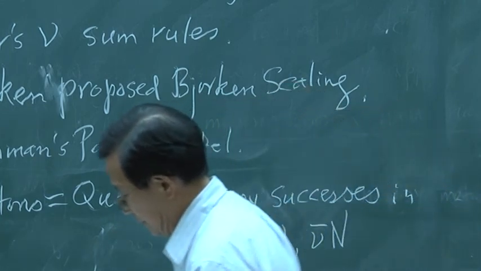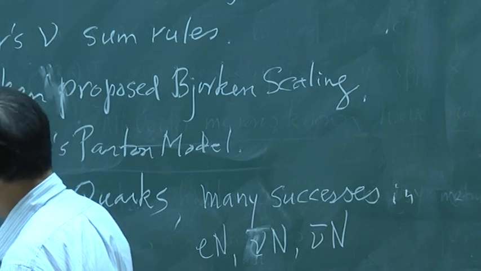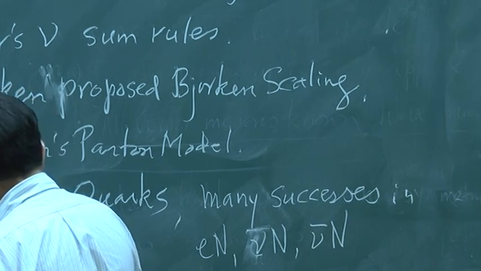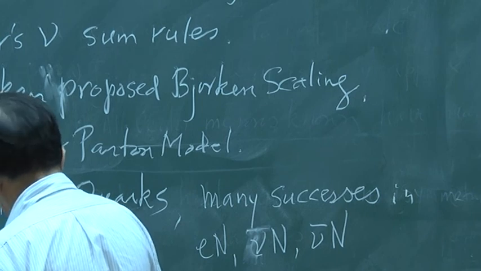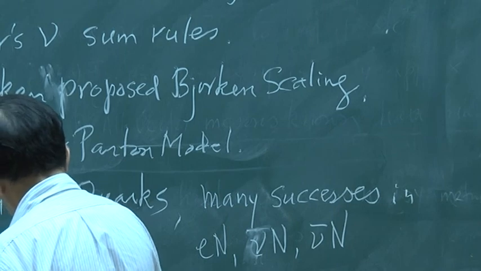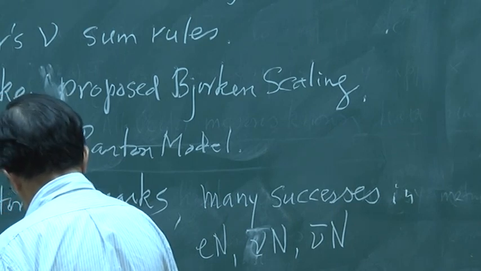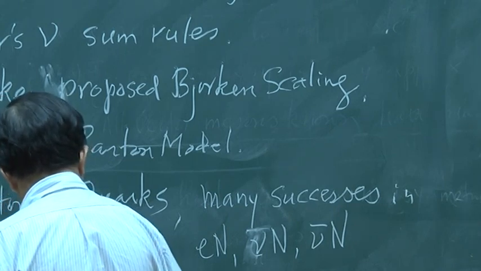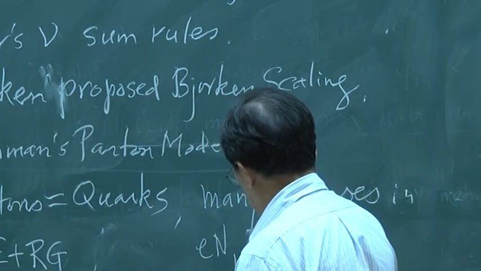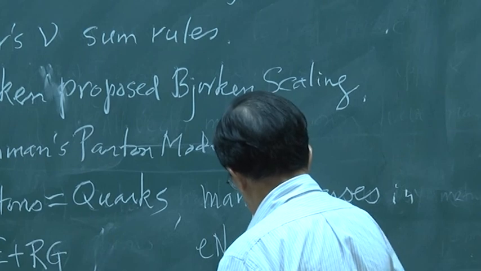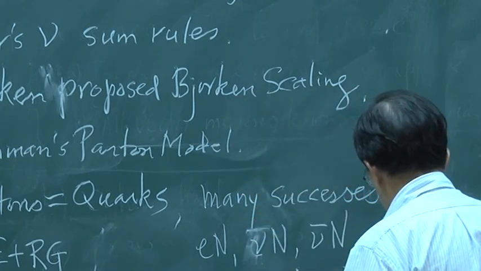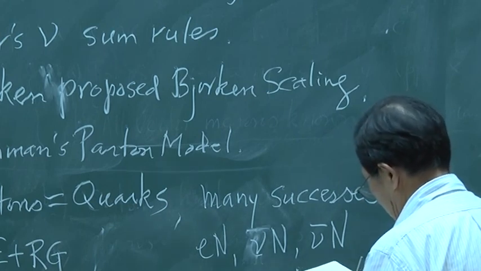And then the operator product expansion and the renormalization group show that the Bjorken scaling will require all the anomalous dimensions to vanish. Okay?